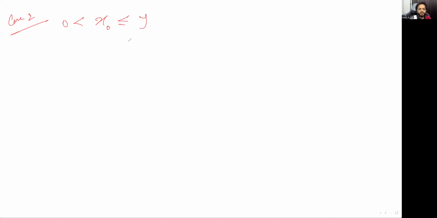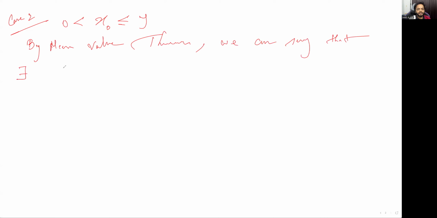In this case, by the mean value theorem, we can say that there exists theta belonging to open 0 x naught. All the conditions of the mean value theorem are satisfied, so you can very well check that out.